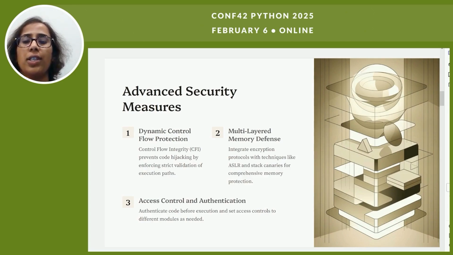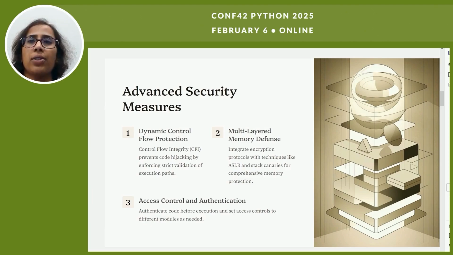Control flow integrity helps with security because it doesn't let the attacker execute any part of the code. Control flow integrity makes sure that only the validated execution paths are actually executed. Other than that, any other paths won't be executed.